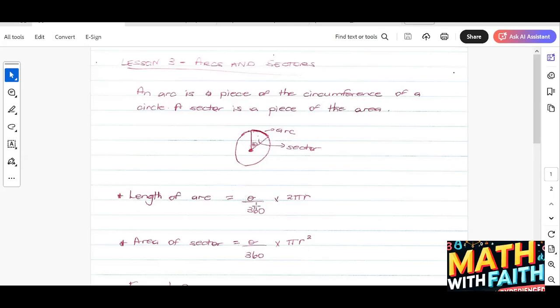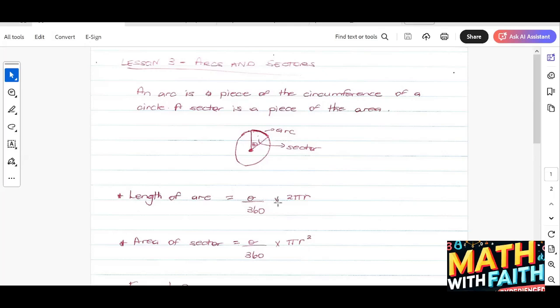And we remember that the total angle in a circle is 360. So if I want to know what part of this circle is its arc or its sector, I just have to say, well, the fraction of the circle that I'm looking at is theta out of 360.